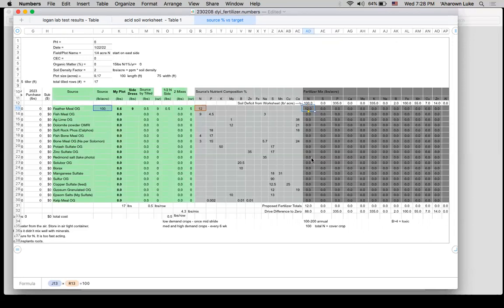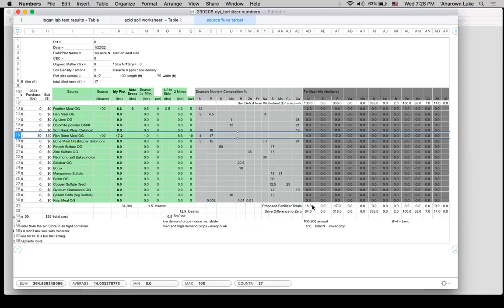And so what this does is it adds up all of your different inputs. Let's say I also needed to do like 100 pounds of fish bone meal. So fish bone meal is a 4-17-0. So that's going to add an additional 4 pounds of nitrogen when I mix it all together.